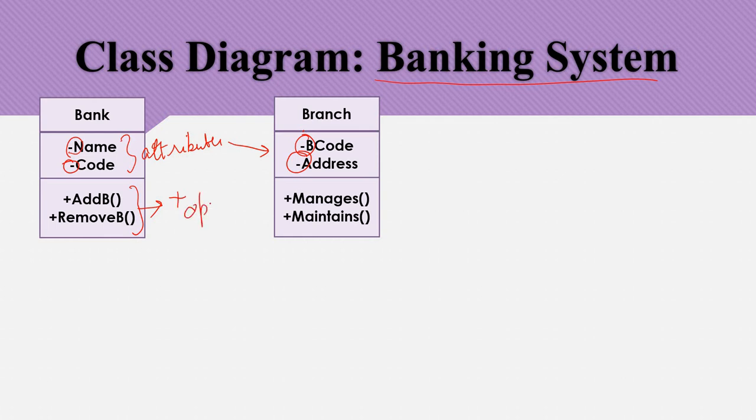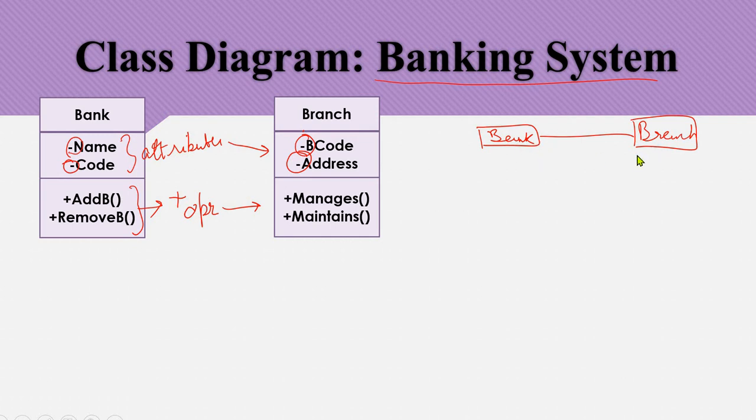So these are representing operations. So every class will be represented in these terms. If you are representing only the class name, we can have a class diagram without any detailed explanation. So bank can be linked with the branch. So this type of class diagram is not a detailed class diagram. They can be said to be simple class diagrams.